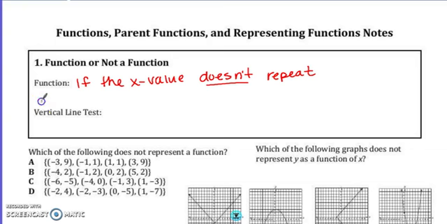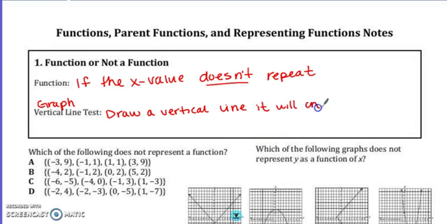So if it's a graph, if it's a function, it passes the vertical line test, which means if you draw a vertical line, it will only touch the graph once.